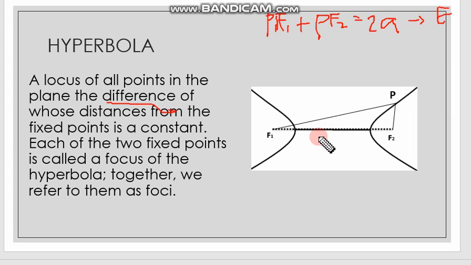But in the hyperbola, the distance from a point on the hyperbola to the first focus minus the distance to the second focus is constant. So it is the difference, while in the ellipse it is the sum. Here in the hyperbola this is subtraction. The two fixed points are called the focus, or together, foci.